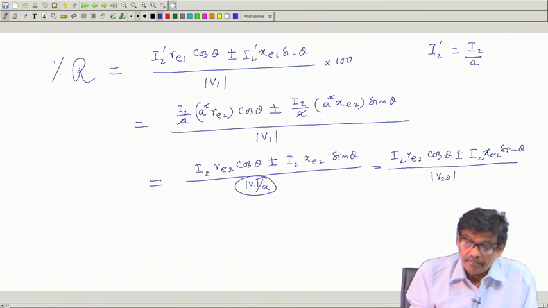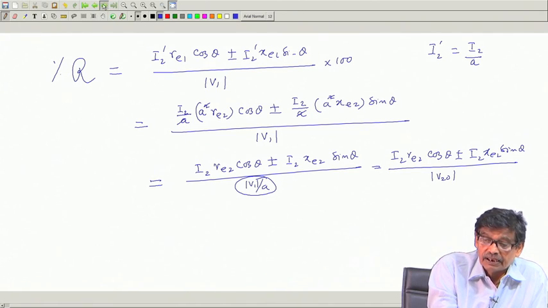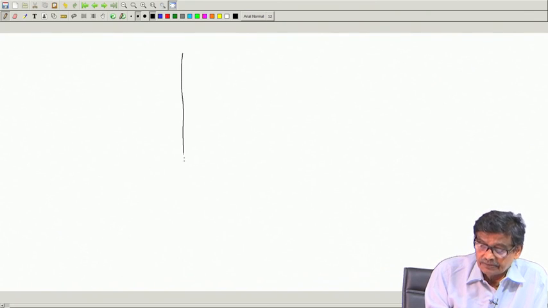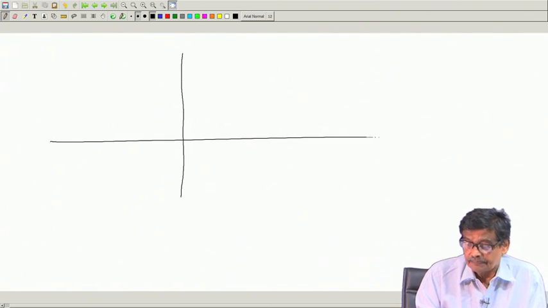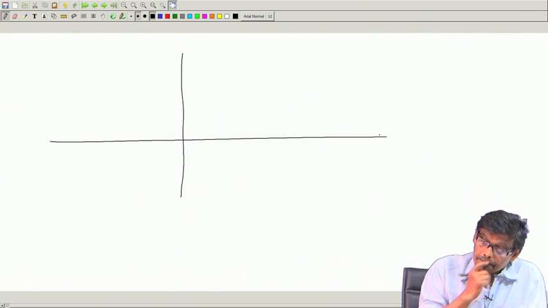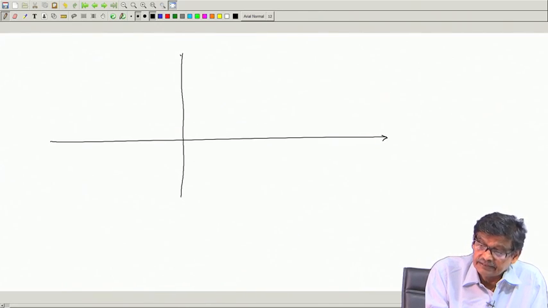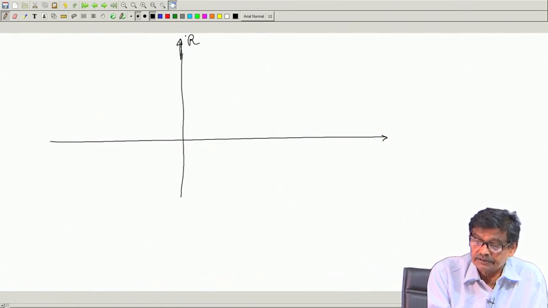Achha, how will this curve look if I sketch it? So, you sketch this curve in this way, at least one curve I will sketch. This is the value of regulation I will sketch, percentage regulation.